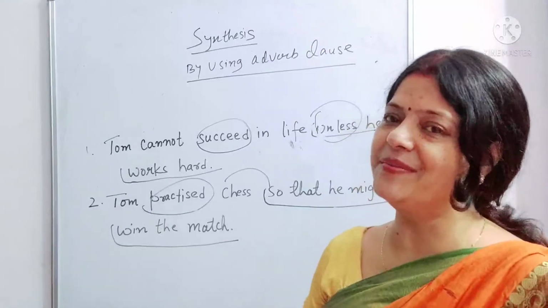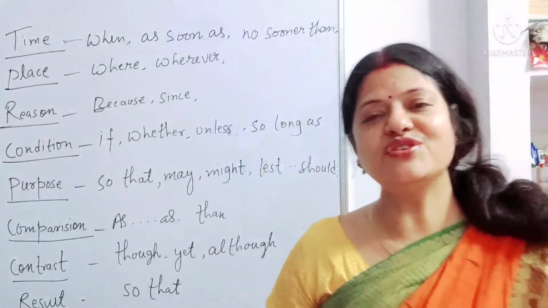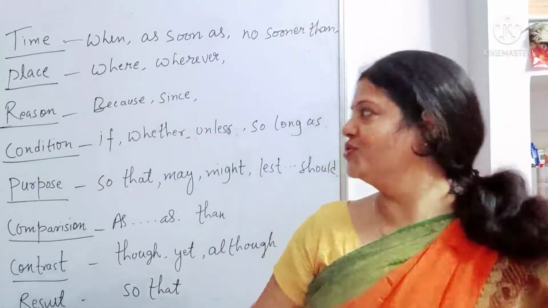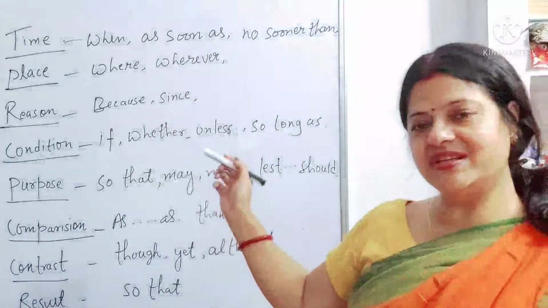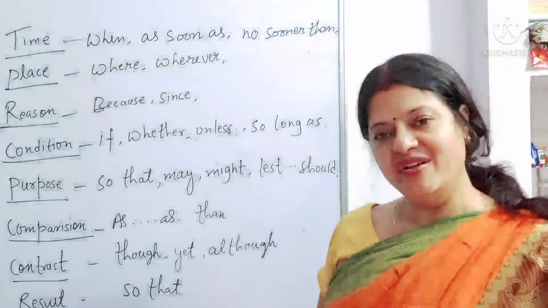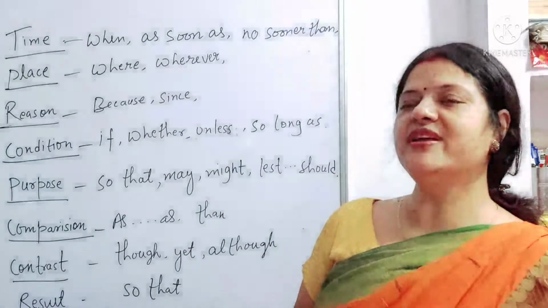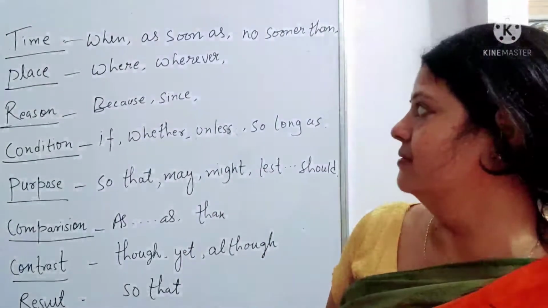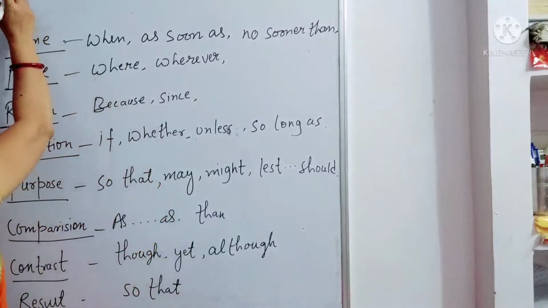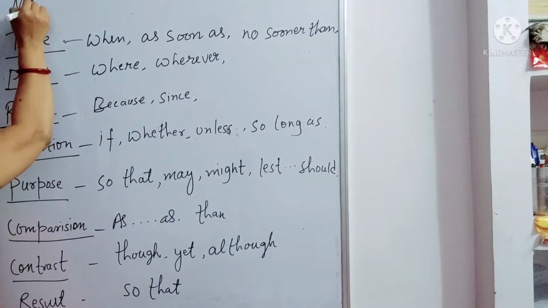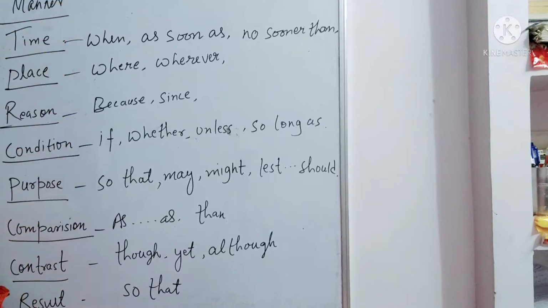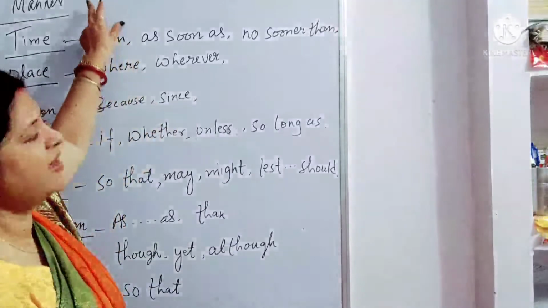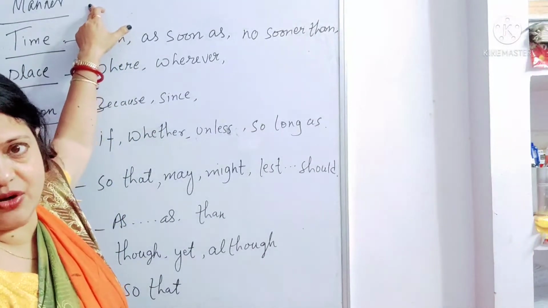The uses of adverb clause are to show time, place, reason, condition, purpose, comparison, contrast, result, and one more, that is manner. As I have no place left, I could not write it on the board, so I am rewriting. Manner is another one, and I don't know whether it is visible or not.